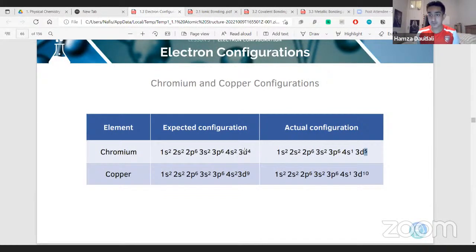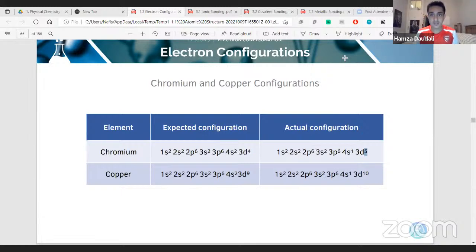Copper, similar principle. It is more stable to have a full d subshell than it is to have both electrons in the s subshell. Yeah, because there is one electron in each orbital. And yes, these exceptions are in the spec.